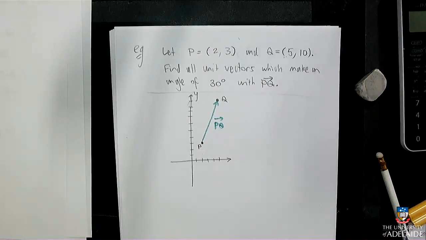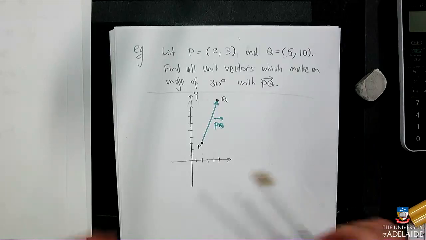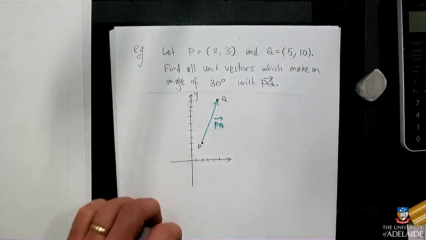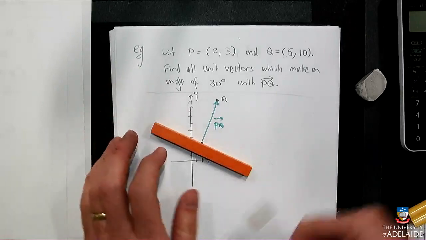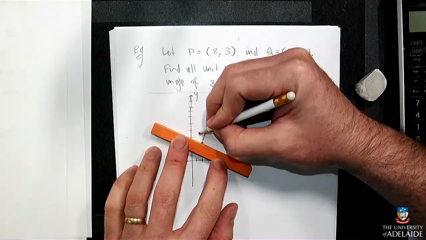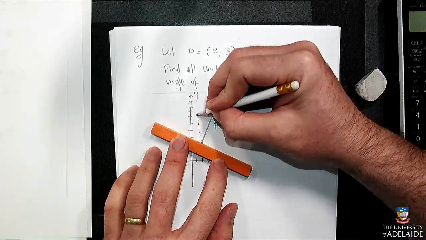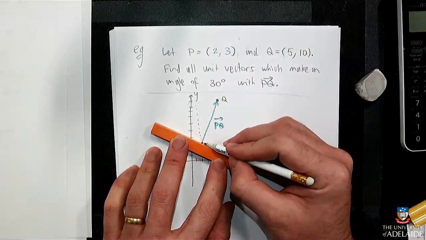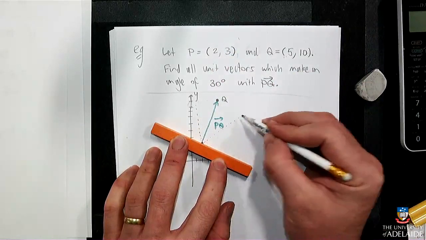It goes from P to Q, and we want something that makes an angle of 30 degrees. So 30 degrees is about a third of a right angle, so there's a right angle there, and a third of that would be sort of this way. And there's probably one going to be on this side too. Okay.